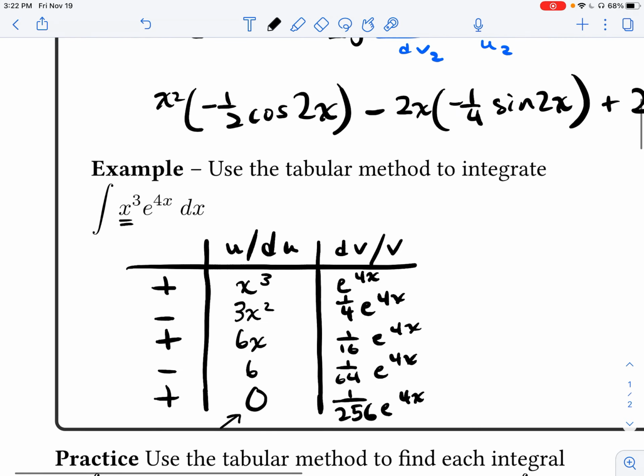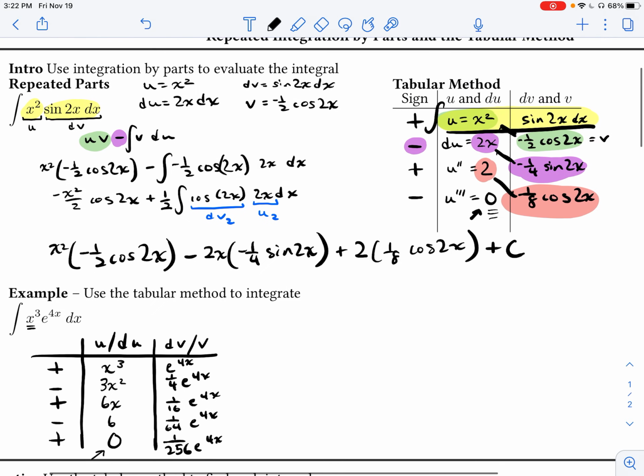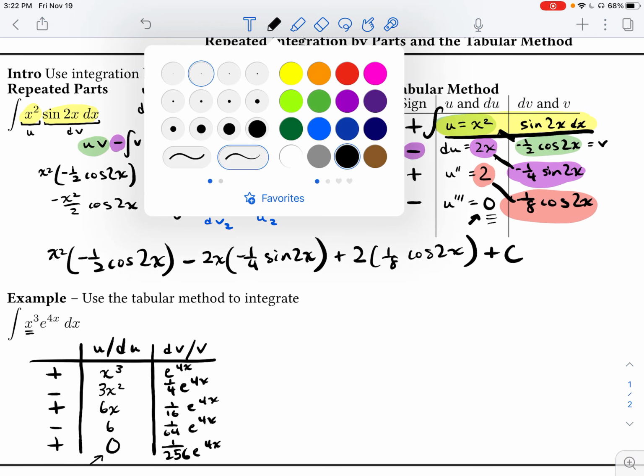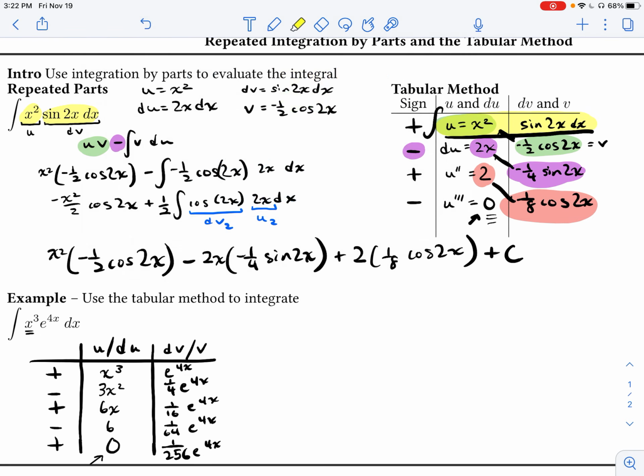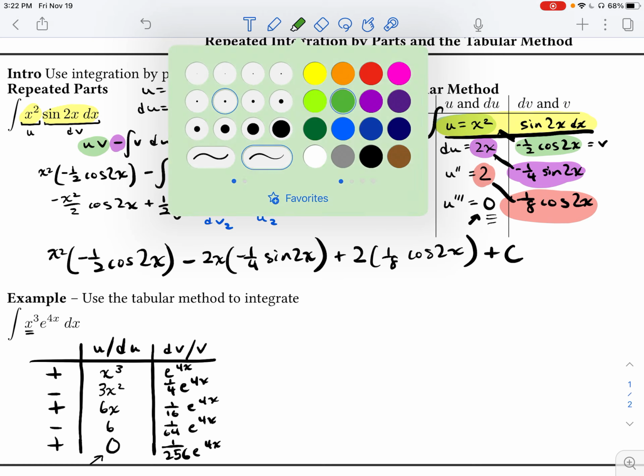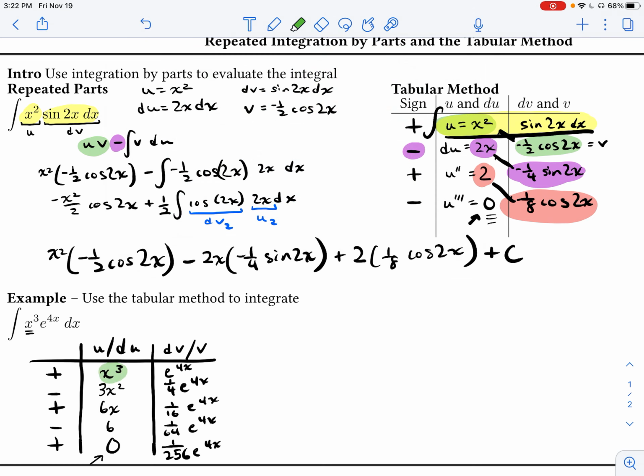So now I'm ready to put it all together. Let me zoom out a little bit. Let's start by highlighting x cubed times 1/4 e to the 4x. That's my uv, if you will. So x cubed over 4 e to the 4x. Next, we've got 3x squared times 1/16 e to the 4x. Keep in mind that I've got a negative here that I have to apply.